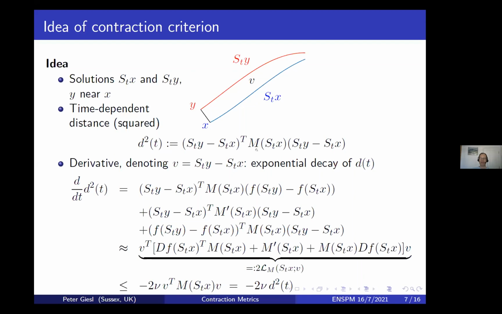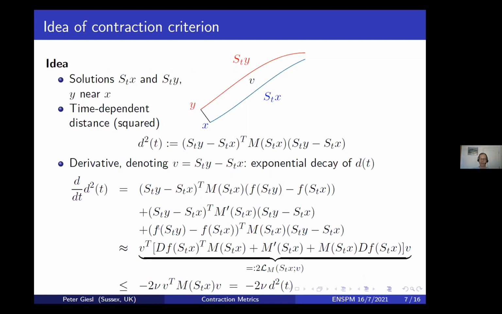And now what we want to do is we take the time derivative of this expression, and we call this distance vector between these here v. So taking the time derivative, we have three terms. We first of all get the time derivative of this one here. And because they are solutions of the differential equation, they are f of S_t y and f of S_t x. This is the time derivative of M along solution, so it's just this orbital derivative.